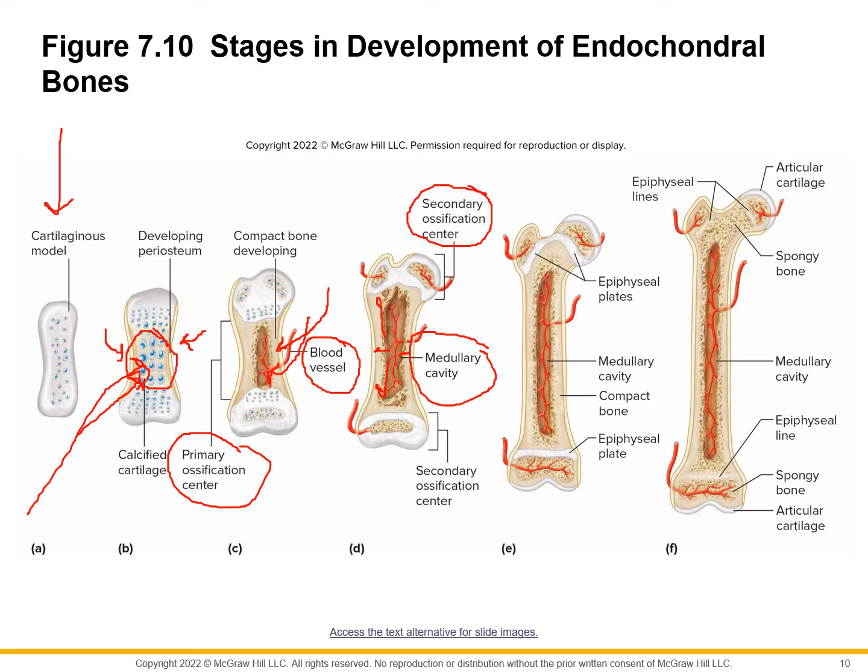And so they end up having their own separate little place. And then, as it says, we have this little band of cartilage that remains between the diaphysis and the two epiphyses. And these are called epiphyseal plates. These are what allow the bone to grow lengthwise. And so we'll see this in a future video.